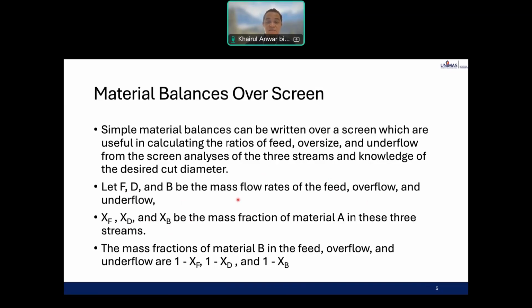So need to be able to define each of the terms here. What is overflow and underflow?